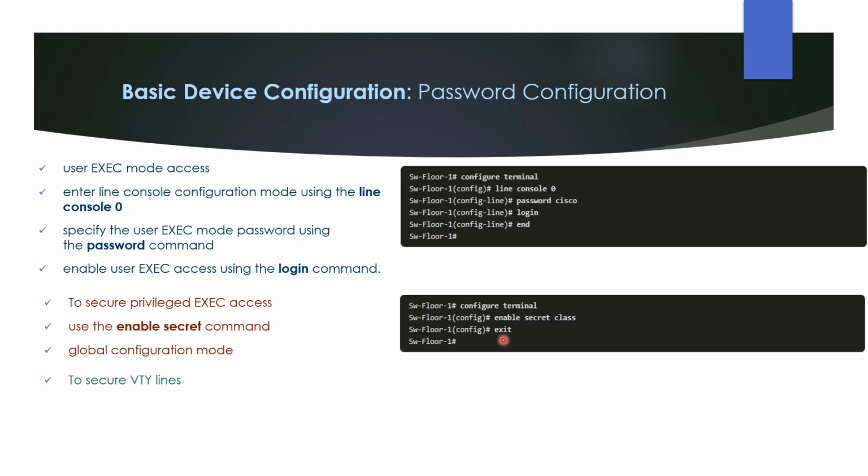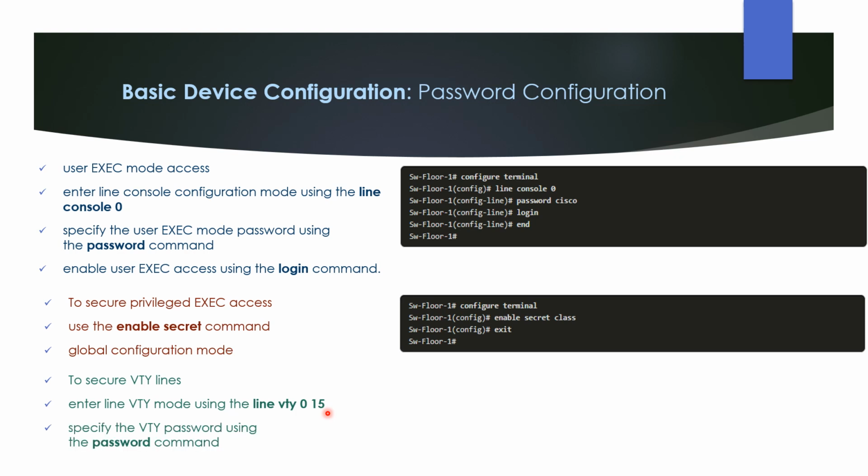To secure the virtual terminal lines, you have to enter the line VTY mode using the line vty 0 15 command. From 0 to 15, you are saying that you are configuring all 16 virtual terminals. And you have to be in global configuration mode to use this command.